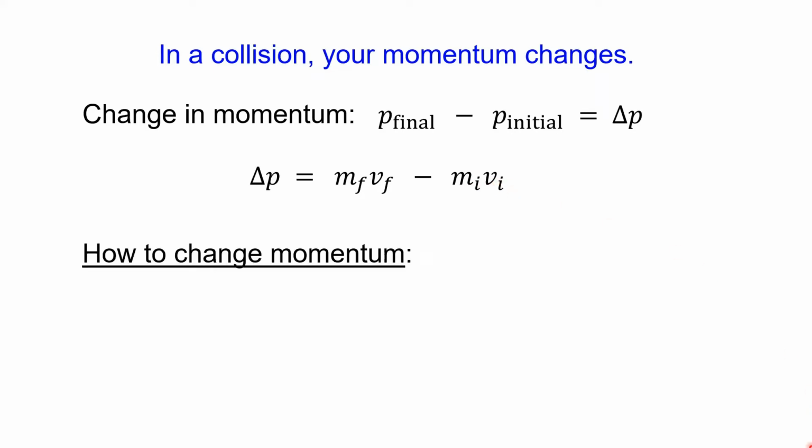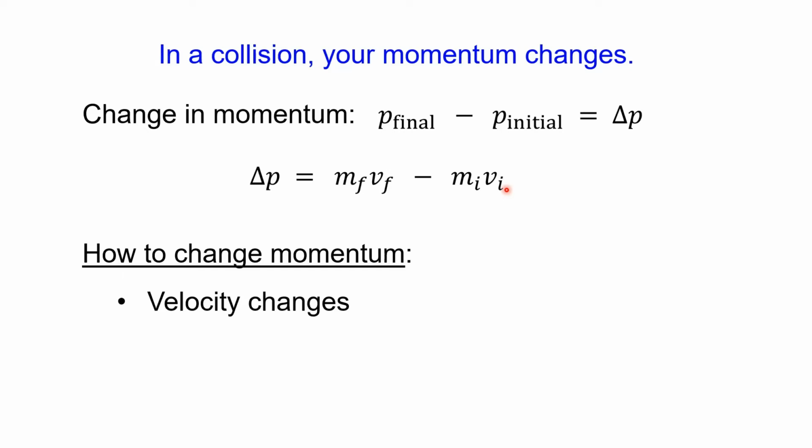Let's look at how exactly we change momentum. Well, everything we need is right here. So this is our initial momentum quantity, this is our final momentum quantity, and there's only two options in those. So the first one is we change momentum by changing our velocity. Now, of course, that's speeding up or slowing down, but remember the velocity is a vector and direction matters.